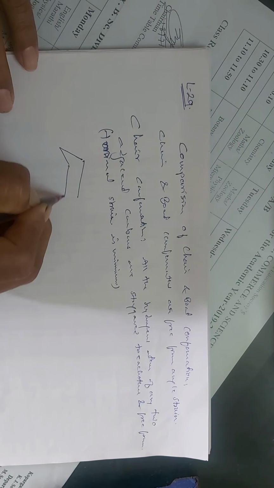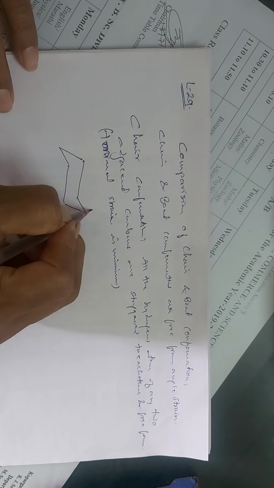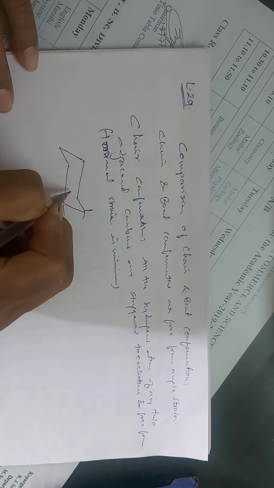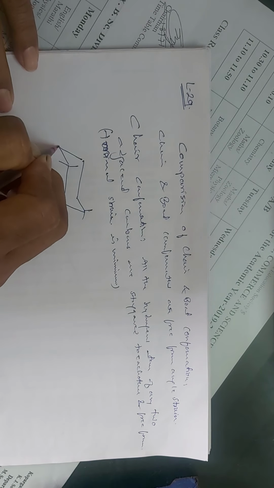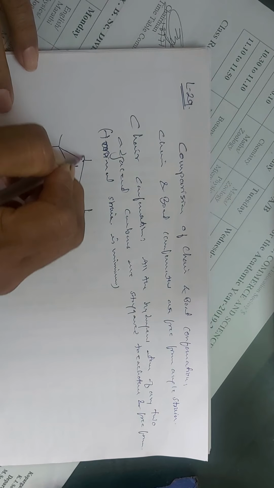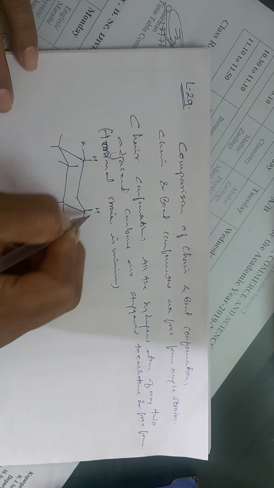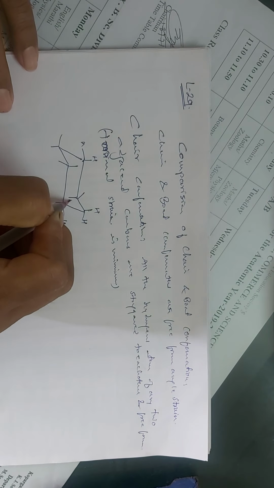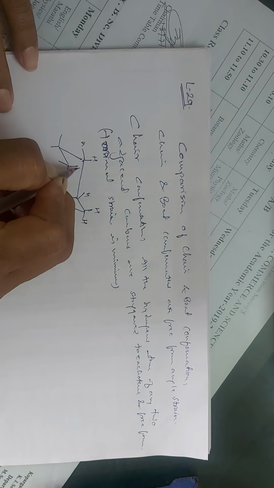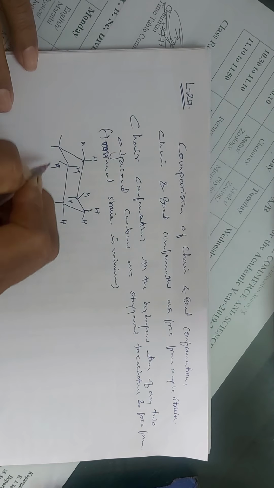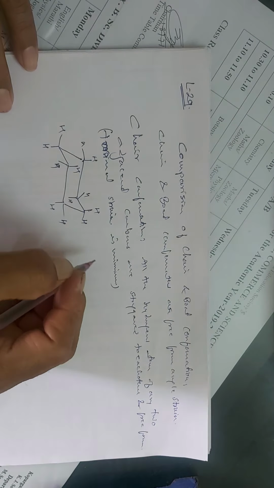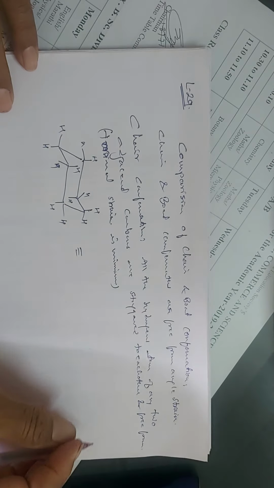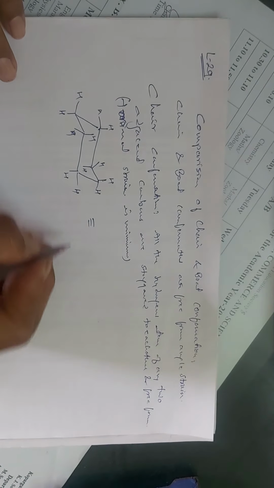And so if we see the chair conformation in which the hydrogen atoms are axial and equatorial, these axial and equatorial hydrogen atoms are far away from each other. And so the Newman's projection formula.